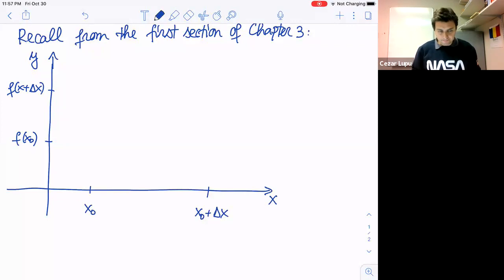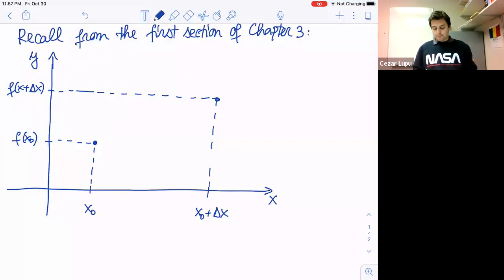Now this will be the point x naught and f of x naught. Let's put it here. And here it will be this one here. Okay. Now we would like to see the difference between these two.